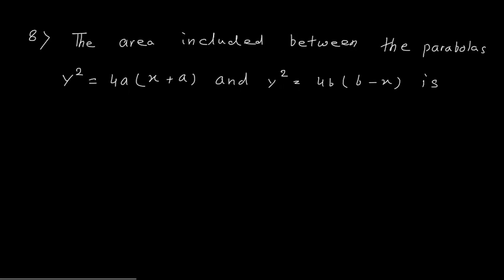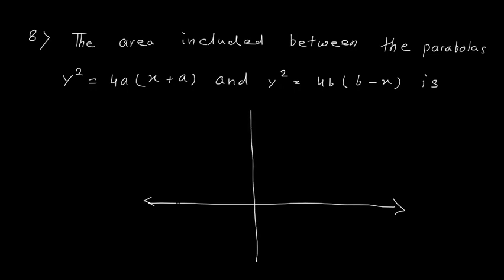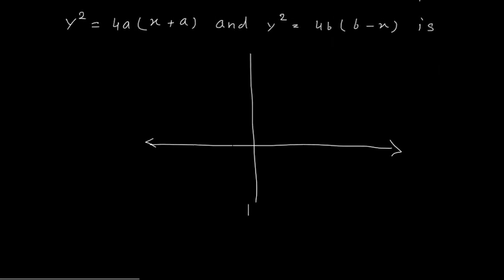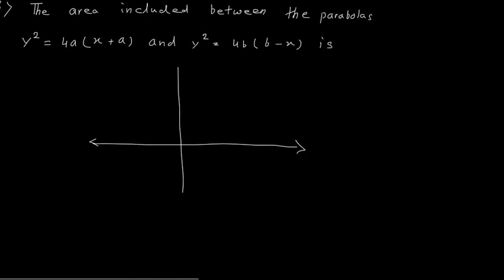First we draw the graph. Let us draw the x-axis and y-axis. Now these two parabolas, on which side are they opening? For y² = 4a(x + a), when I put x as -a, that means this point, I get y as 0.